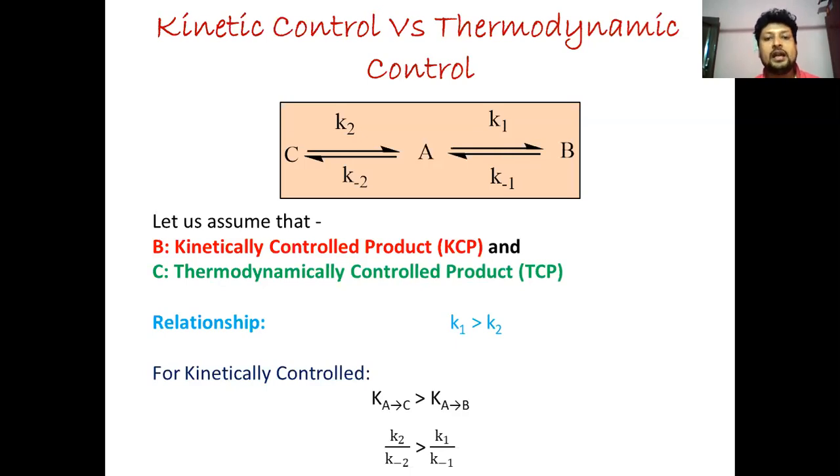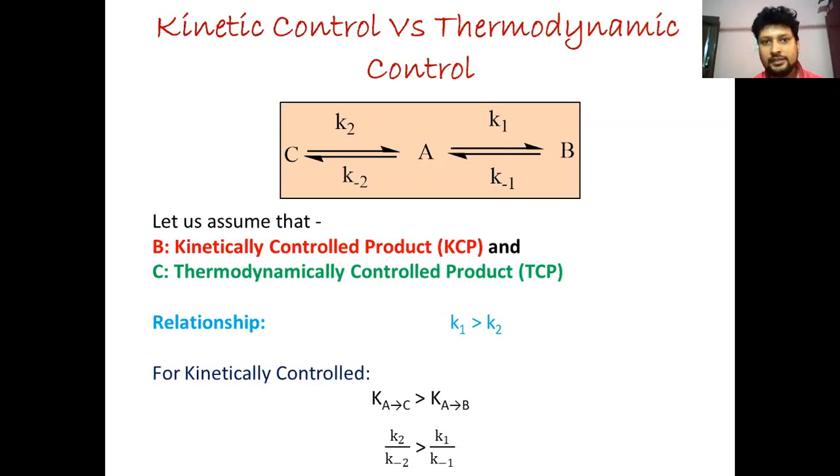So for the thermodynamically controlled one, we can also say that the equilibrium constant of the reaction from A to C will be much greater than that of A to B. So if you substitute the equilibrium constant in terms of the rates of the forward and the backward reaction, we will be getting the equation as shown, that is K2 divided by K minus 2 is greater than K1 divided by K minus 1, right?